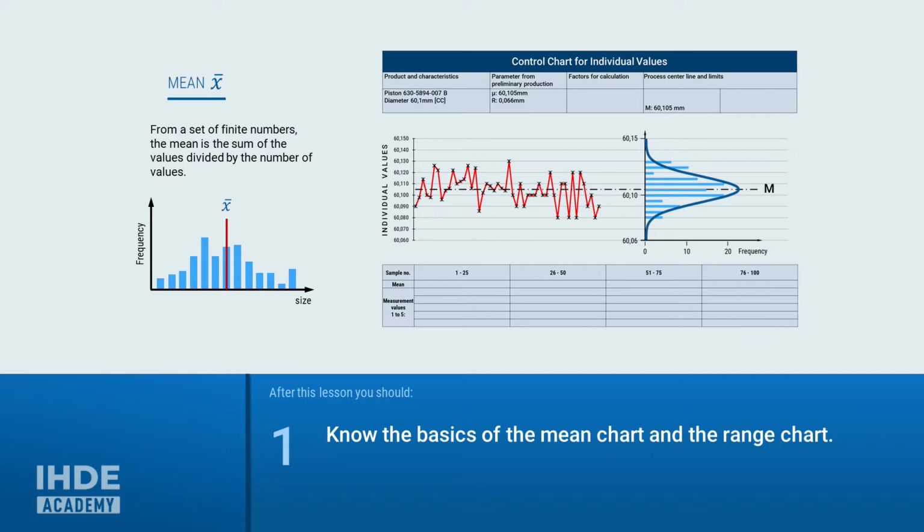In this lesson, only the control limits for a non-interference probability of 99.97% are calculated. This corresponds to a width of the limits of 6 sigma, so plus minus 3 times the standard deviation.